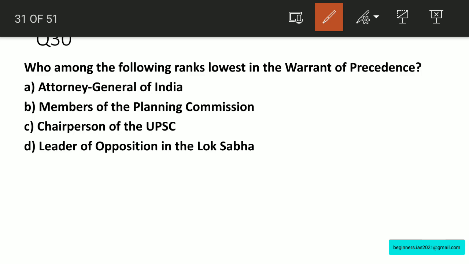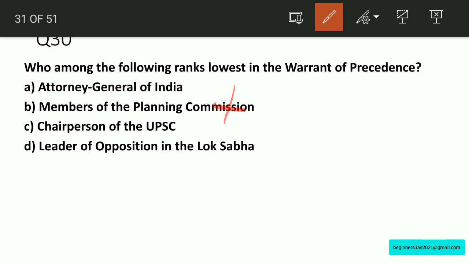See, President comes first and Vice President second, third is Prime Minister, fourth is the Governor of states within their respective states, number 5 is former President, 5A is Deputy Prime Minister, 6 is Chief Justice of India and Speaker of the Lok Sabha, and 7 is Cabinet Ministers of the Union and also Planning Commission and former Prime Ministers.